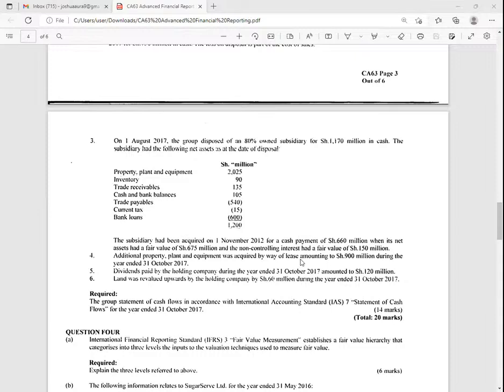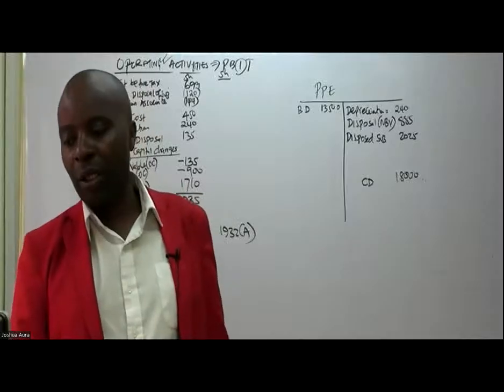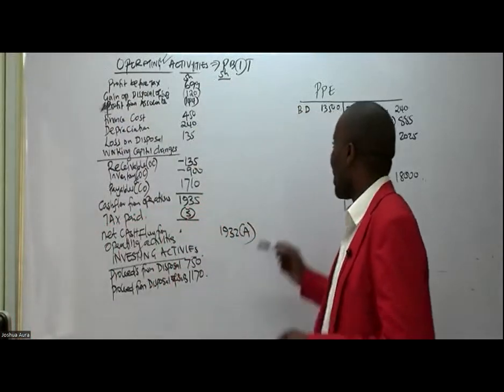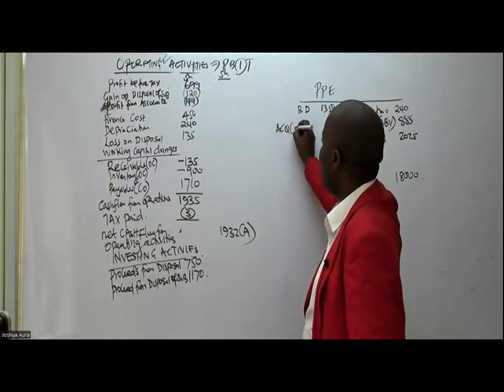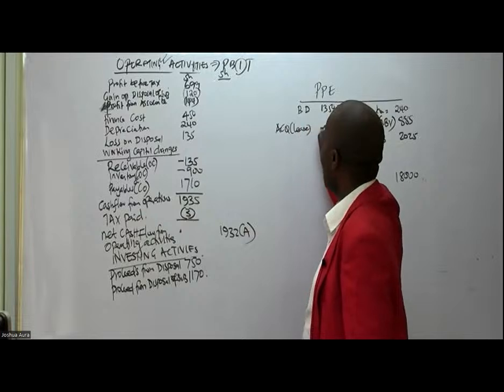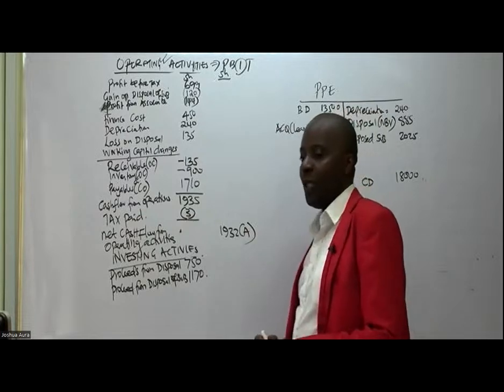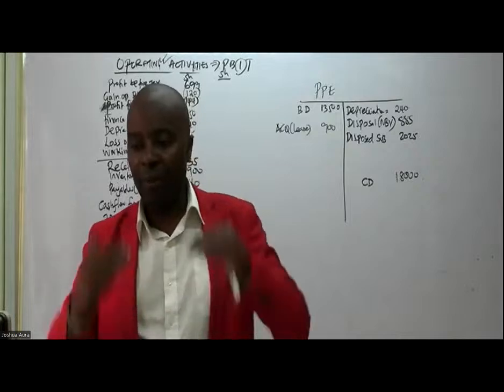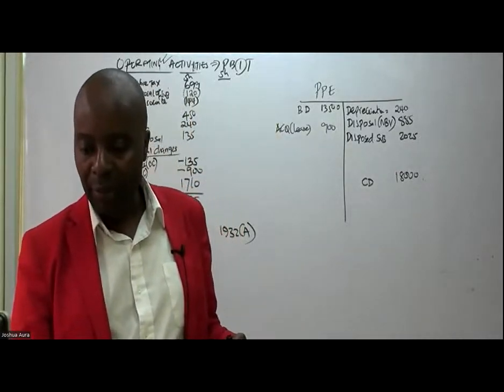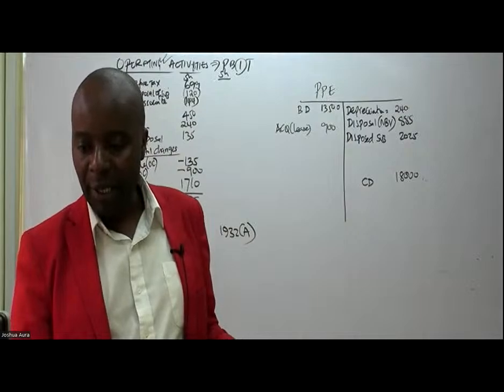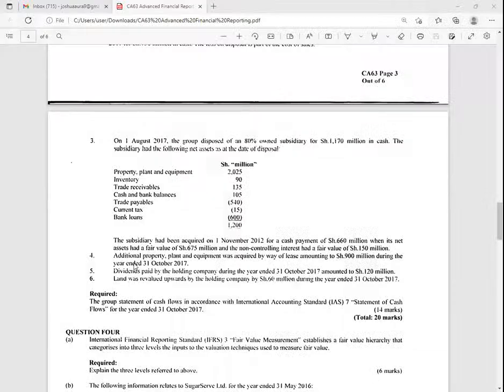So we bought a new PPE through lease, and you have to debit our PPE. Acquisition through lease, 900. Our PPE went up, so we are debiting.